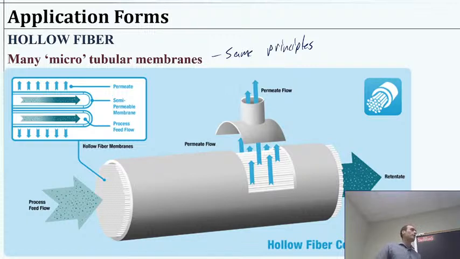A lot of membrane design is going to be about optimizing surface area, right? That was why I was showing and elaborating on that spiral wound, because you can get a lot more surface area that way. Well, you can get a lot of surface area doing these hollow fiber tubes. Really the one problem you might have is that these are probably not able to handle quite as high pressure.